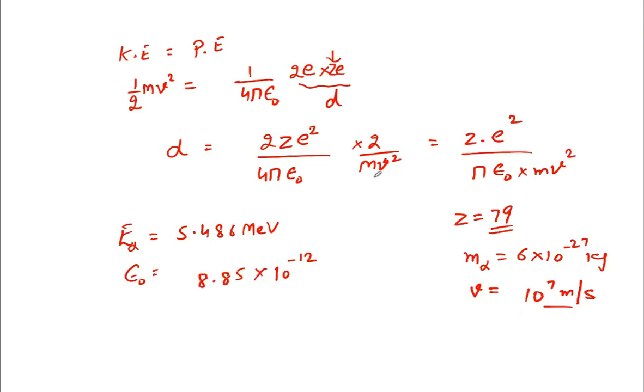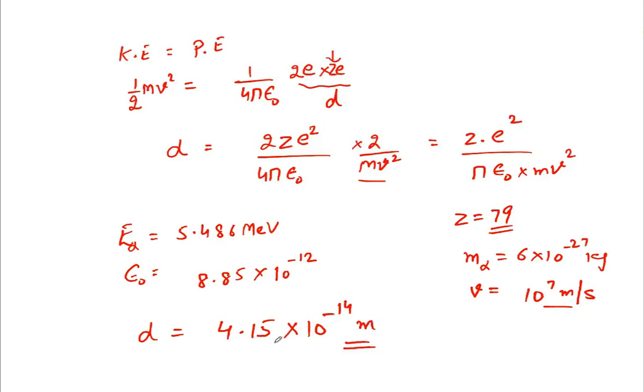By putting in all these values, you can find the distance of closest approach for an alpha particle moving with a velocity of 10 to the power 7 meter per second toward the gold foil, and it comes out to be 4.15 into 10 to the power minus 14 meter.